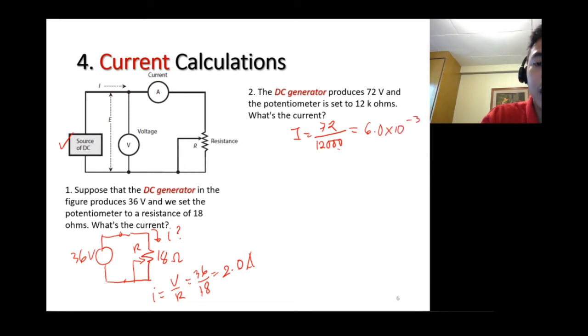It's good practice, although we can simply write 6 milliamps, which is a correct answer. But later on you will understand that it's very important, especially in numerical methods, that you follow the significant figures.